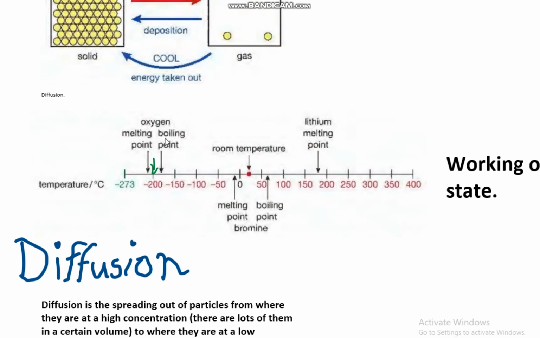And in between melting and boiling, it is a liquid. So it is a liquid between minus 210 and minus 180, and after minus 180, for example, it is a gas, and before minus 220 it is a solid. At absolute zero it is a solid. It happens for many things such as bromine also.